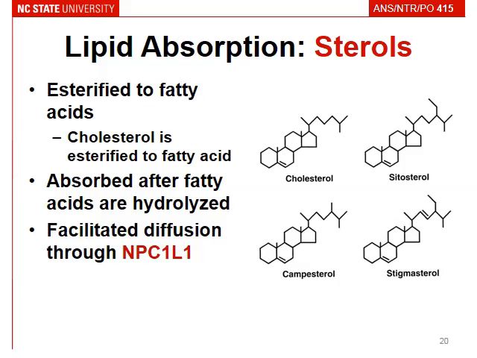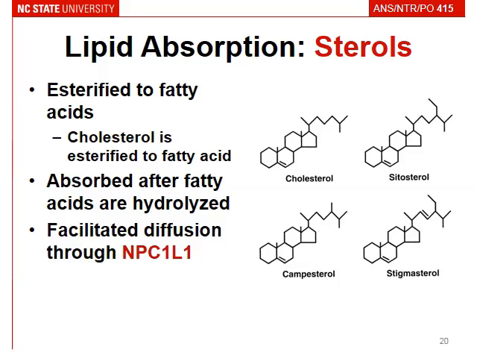So next we're going to talk about how cholesterol and various sterols are absorbed. First, the sterols are esterified to fatty acids when they are consumed in the diet. And the main sterol we're concerned about is cholesterol.